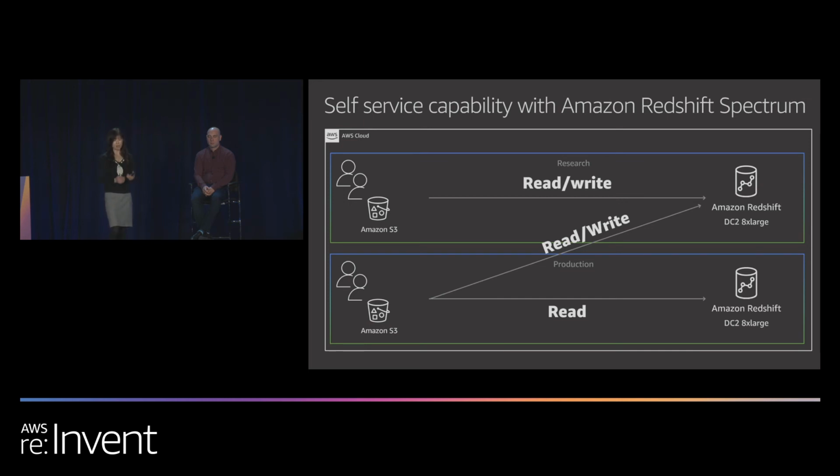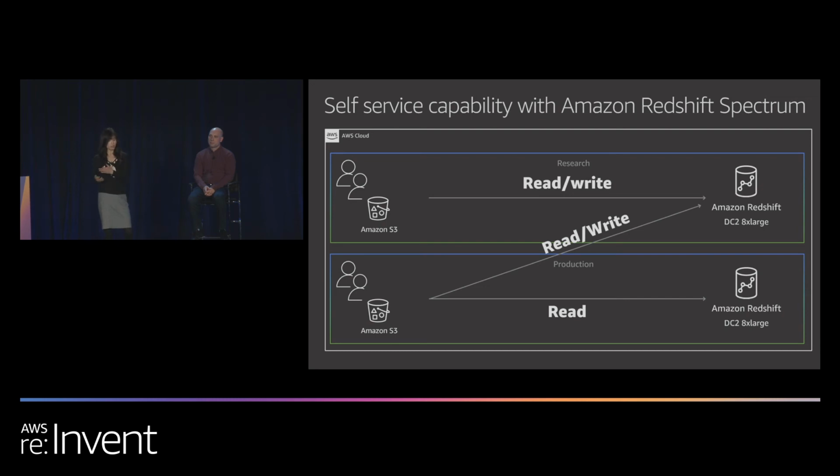Now they can perform their own analytics in the research environment by joining the data, the test data, or some of the mock-up data they want to simulate with, in the research environment itself. Now, if the users want to further bring their own data sets into the Redshift cluster and do further deep analysis, they can do so by copying those data from the S3 bucket in the research environment to the Redshift cluster.